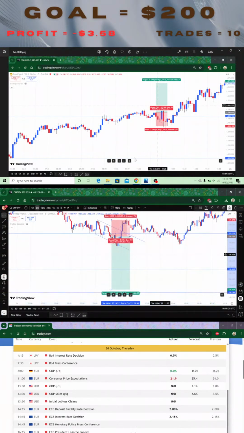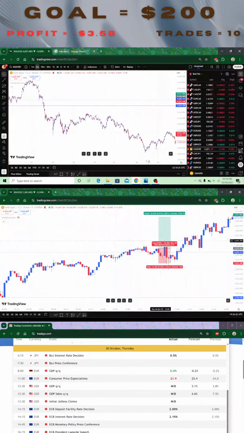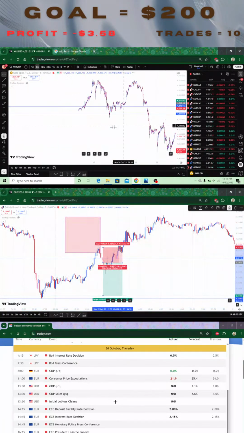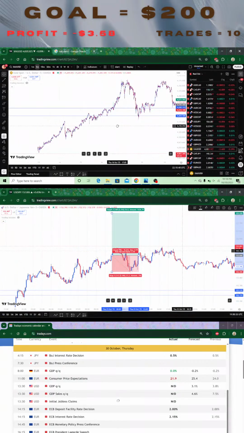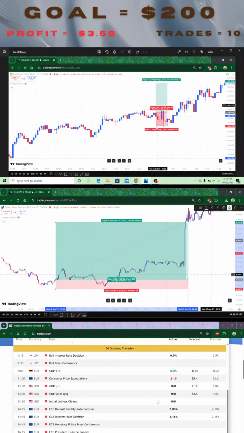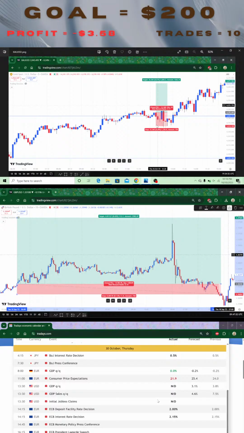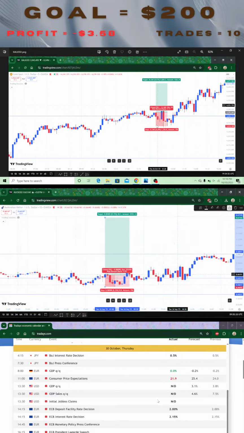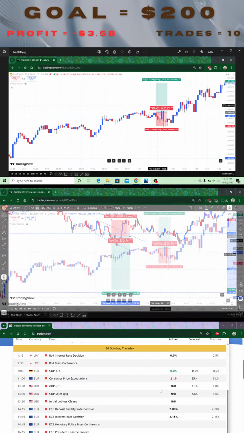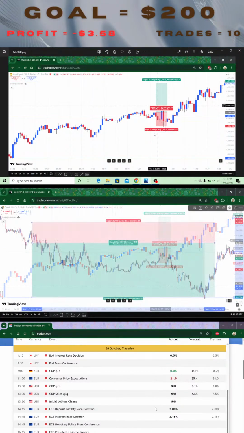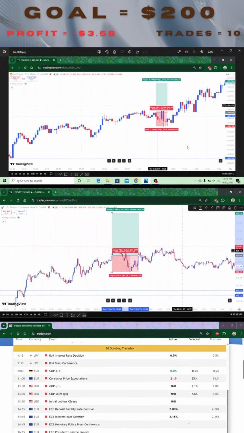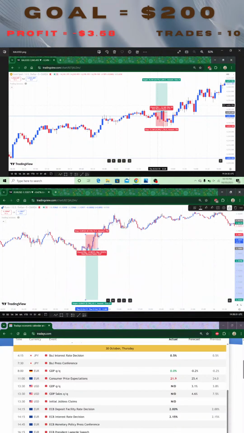So gold USD. Where is gold USD? It's supposed to be around the 16th of October.